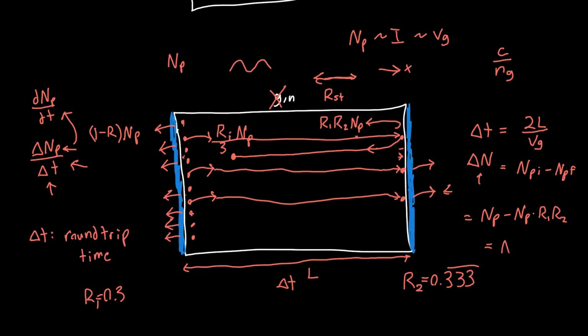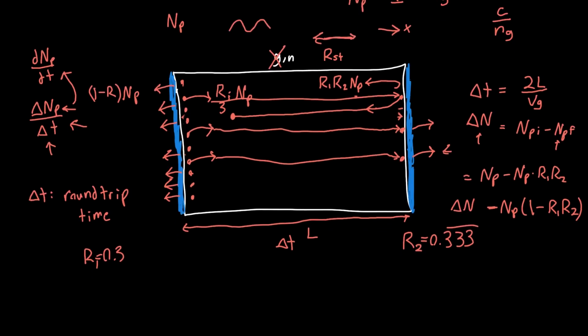Or if we factor that, it's just NP times 1 minus R1 R2. And really, I probably should have written this as final minus initial, because the sign tells us that we've lost photons. So I'm going to put a negative sign out front here to indicate that delta n is negative. We are losing photons to the outside world when we do this.